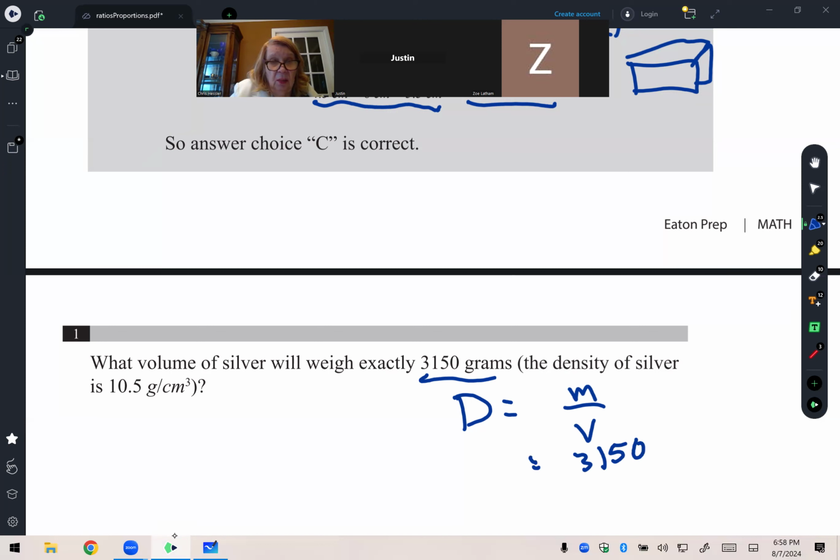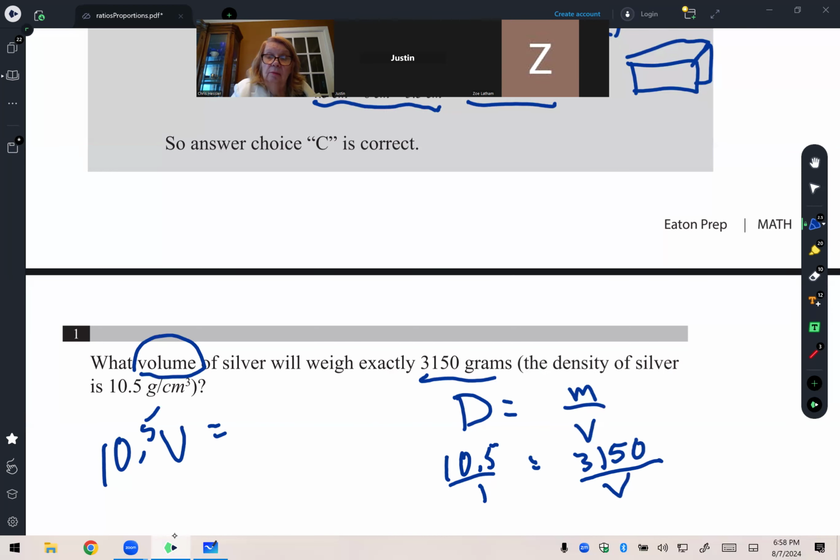The density is going to be 10.5 over 1. And we're trying to get the volume, so we'll just put the V there. So 10.5 V equals 3150.